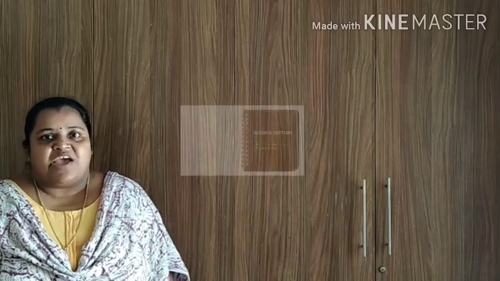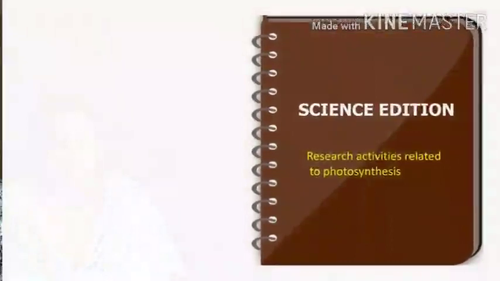Photosynthesis remains an aspiring area of research even today. Shall we prepare a science edition by collecting information about research activities related to photosynthesis?